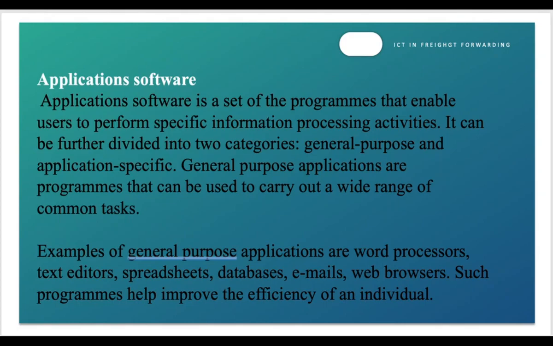It could be a wider range, but then those activities will be all you can do with that particular application. So we're saying the application software can be further divided into two categories. One, general purpose, and two, application specifics.